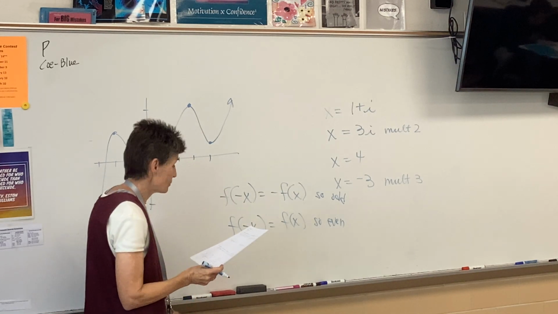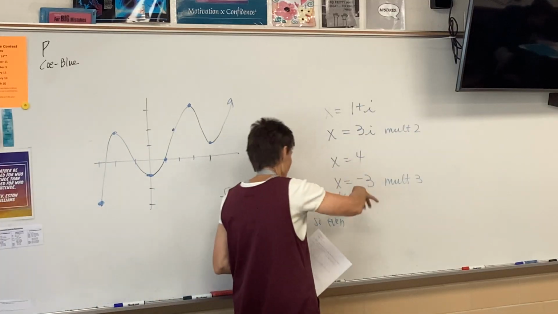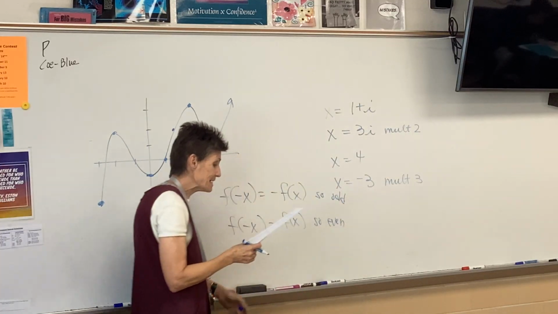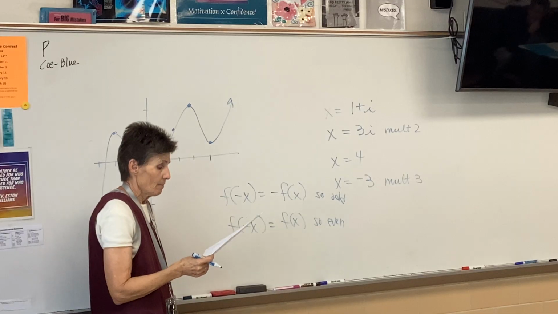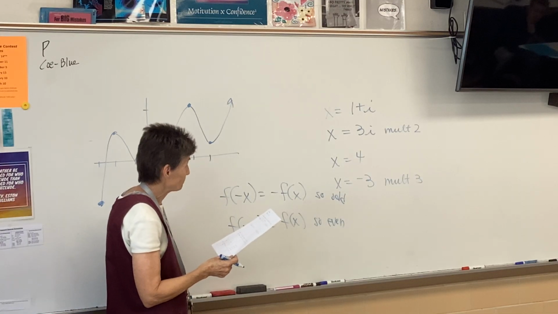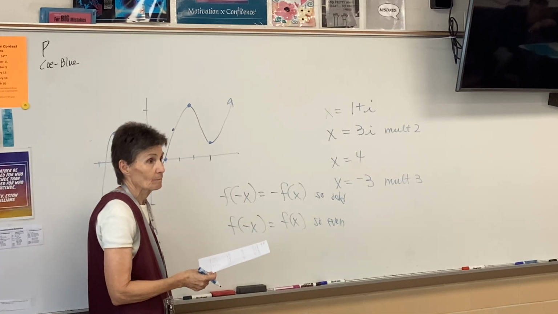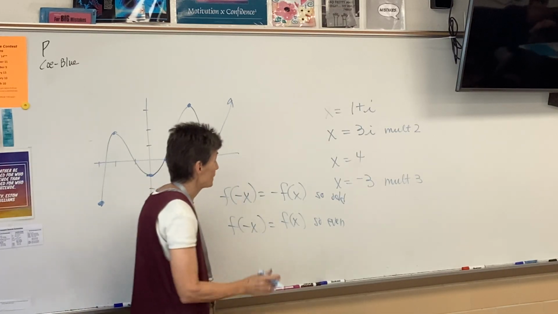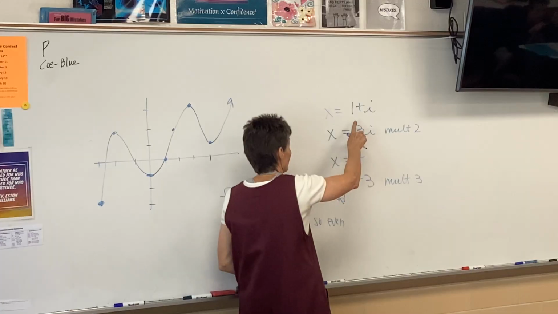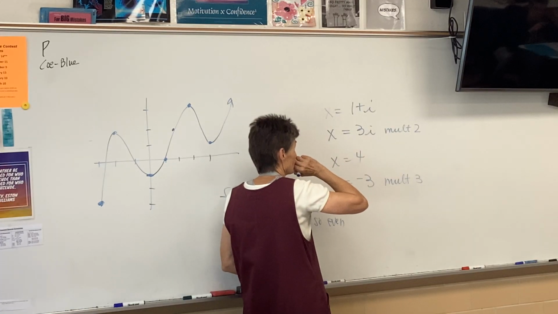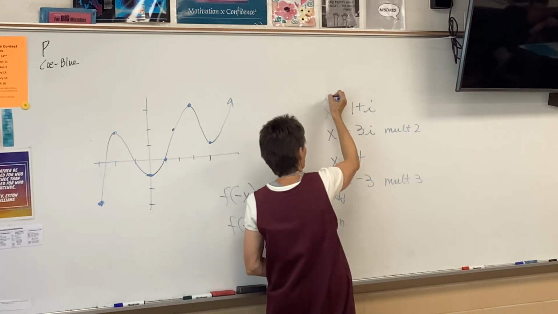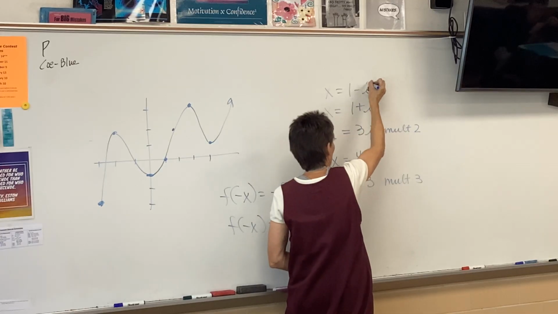Okay, part 2 says, got all these roots here. What is the least degree that we could have given all of this? Well, what do we have to remember about 1 plus i? It's going to come with 1 minus i.